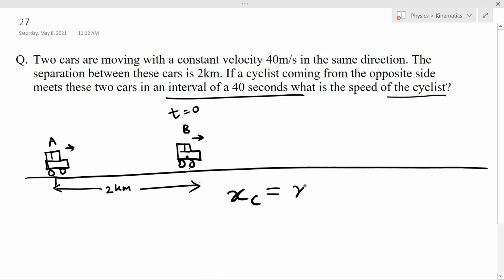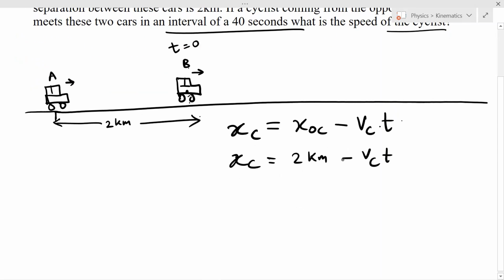So this is x0c minus vc times t. This is the origin of time. So now x0c will be 2 km. I have put a negative sign on vc because the cycle is moving in the opposite direction.